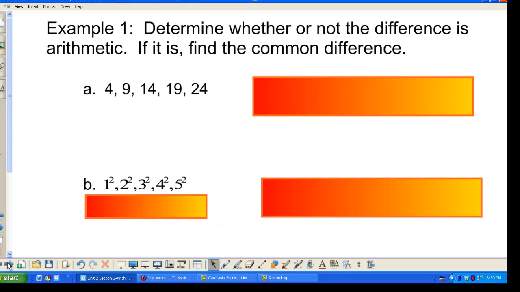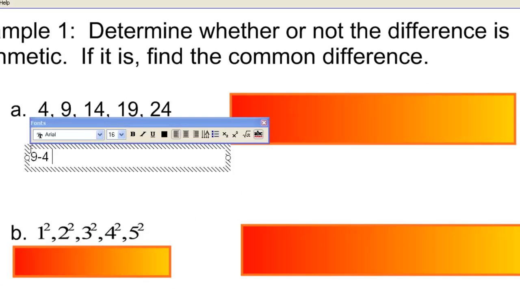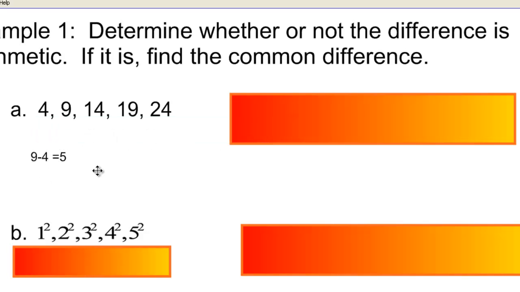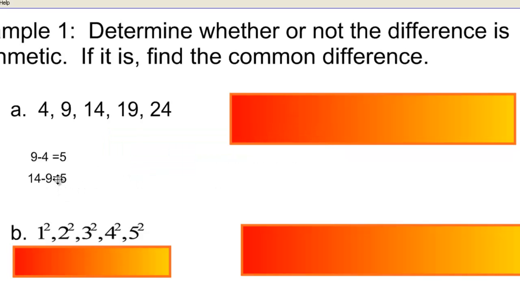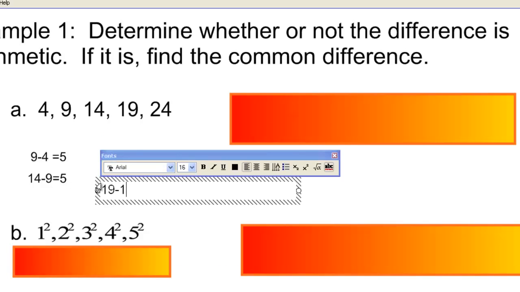So let's determine whether or not the following is arithmetic, and if it is, find the common difference. So if we look at A, if I take 9 minus 4, it equals 5. If I take 14 minus 9, that also equals 5. If I take 19 minus 14, that equals 5.